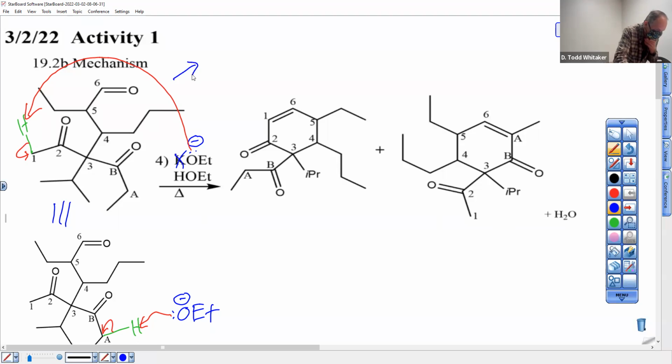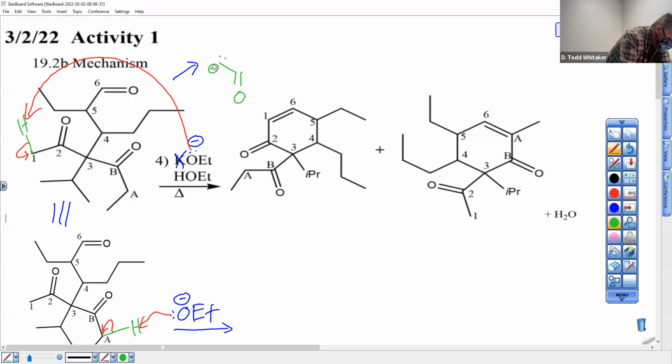Yeah, we got a lot of drawing to do. Sadly, the more organic chemistry you learn, the more drawing you have to do. And okay, what I'm going to do is draw this one like this. Got 1 going to 2. I got the carbonyl here.